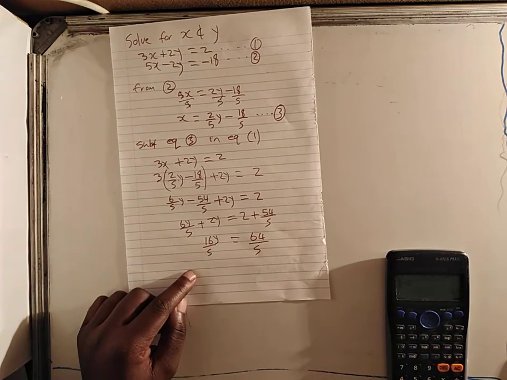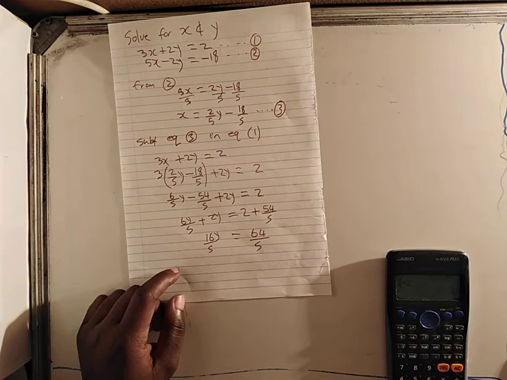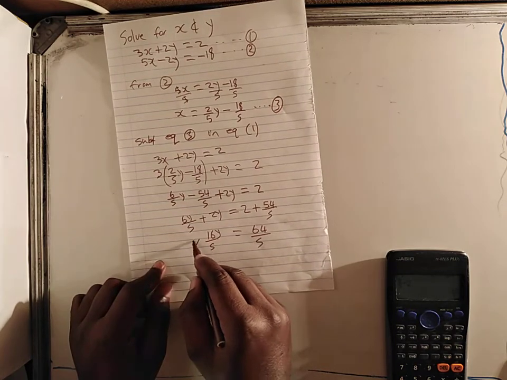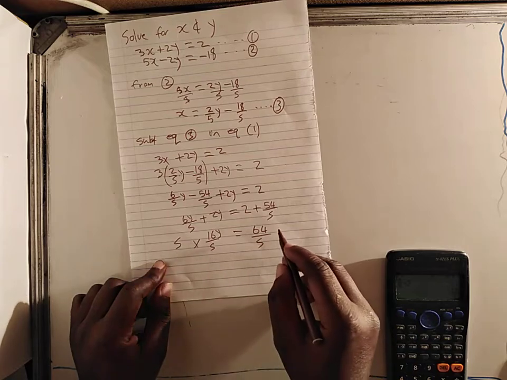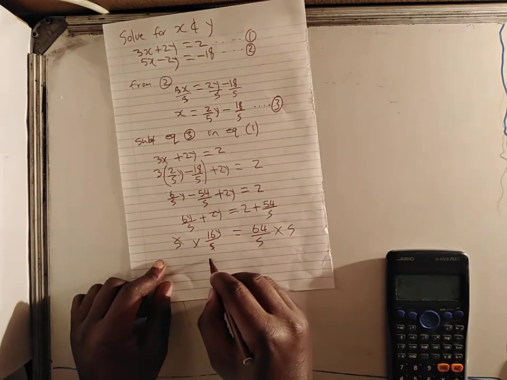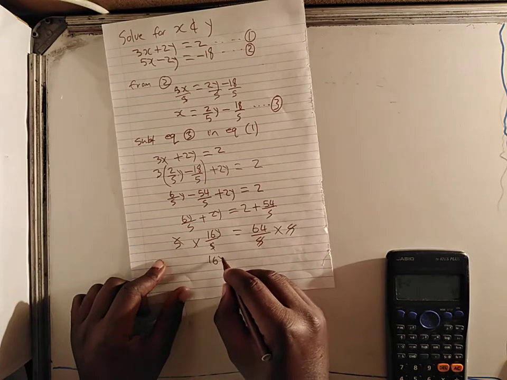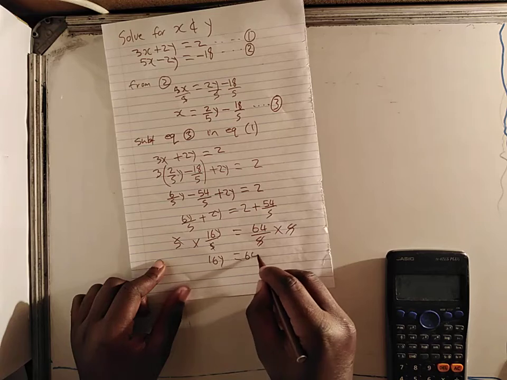Can you see there is 5 here, there is 5 here. So I multiply by 5 both sides. This 5 cancels this 5, I remain with 16y, and then this 5 cancels this 5, I remain with 64.